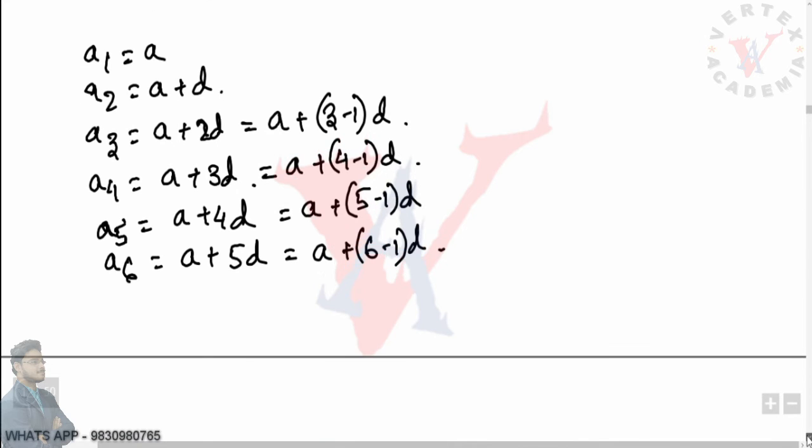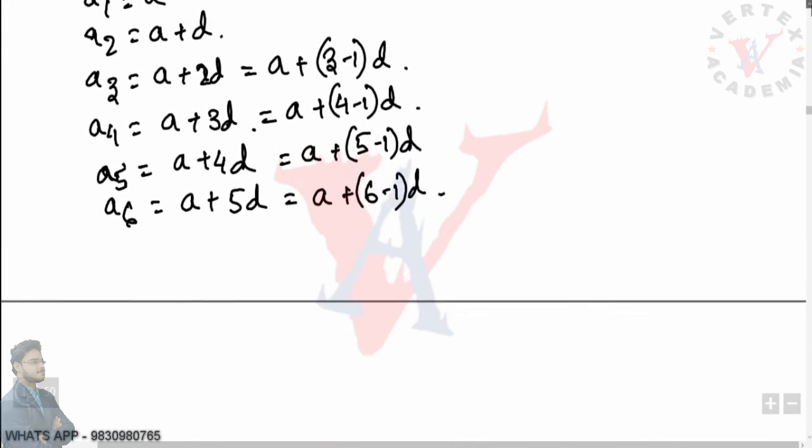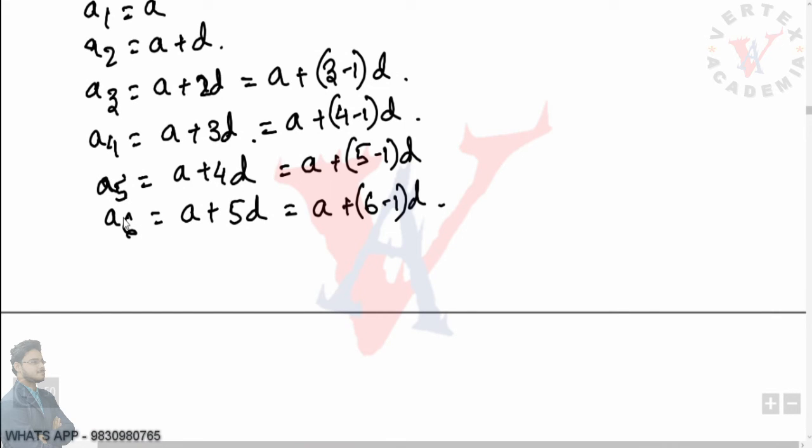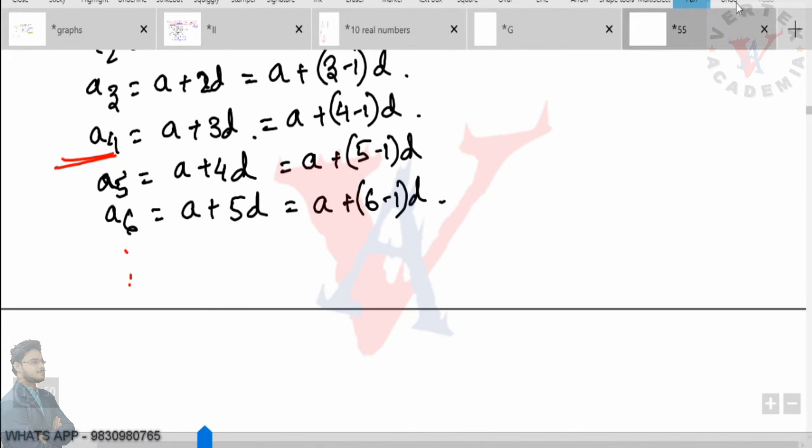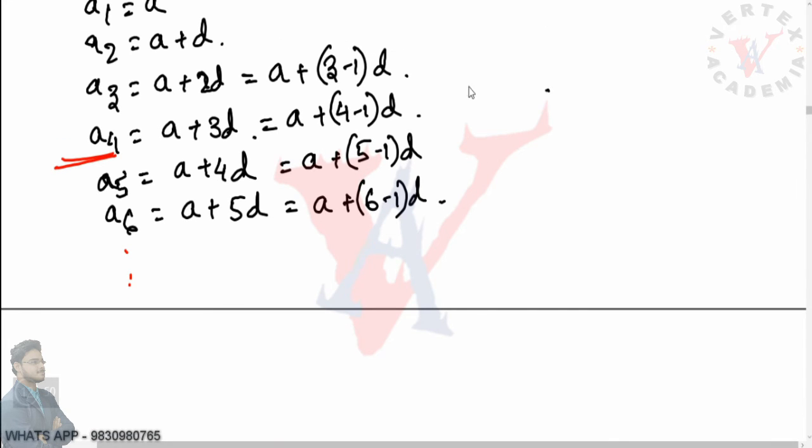So I think you are intelligent enough to guess a relationship between the terms. If it is A6, then it is A plus 6 minus 1 times D. If it is A4, then it is A plus 4 minus 1 times D. If we continue in this way, we will find the general term.